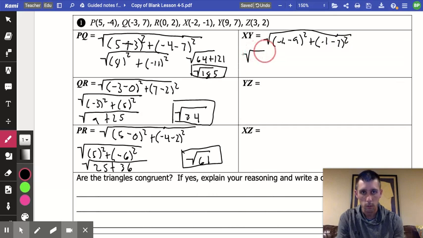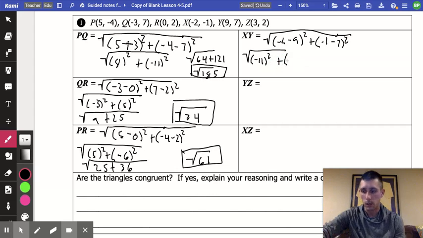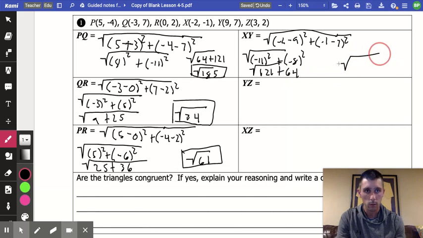So negative 2 minus 9 is negative 11 squared, plus negative 1 minus 7, which is negative 8 squared. Negative 11 squared is 121. Negative 8 squared is 64. Add those together. Square root of 185.